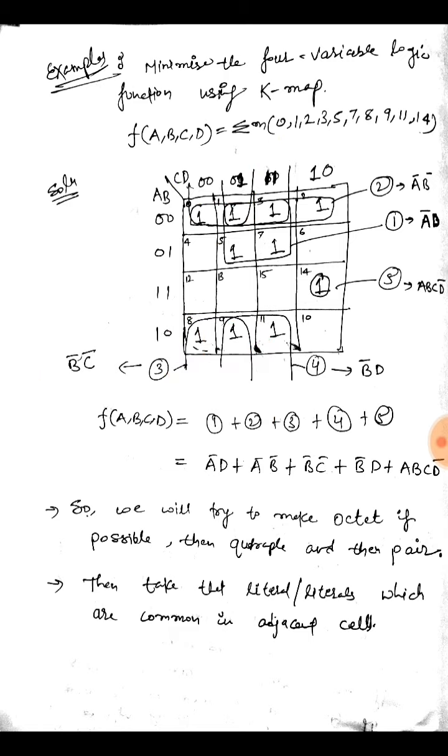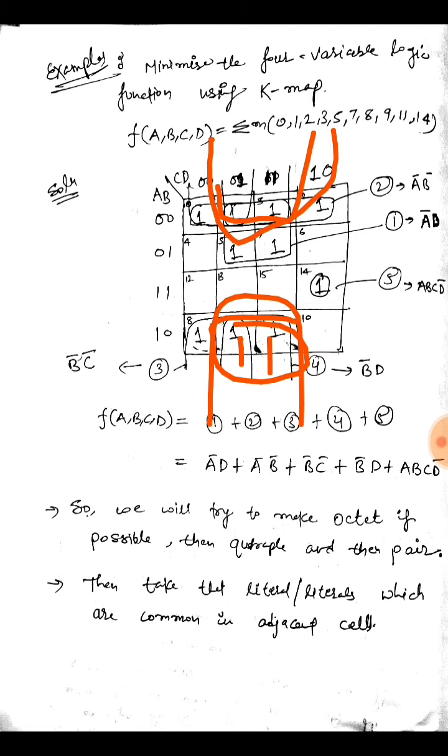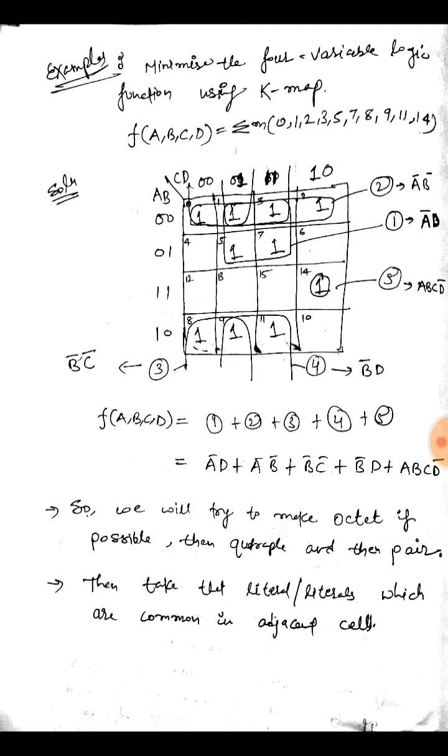Similarly, for these two ones I can make a pair, but they are also adjacent to these two ones, so I will make one more quadruple. So in that I have 1, 2 and 3 quadruples of cells, and fourth is this one, 4 quadruples, and this one remains standalone, so I will take it as it is.